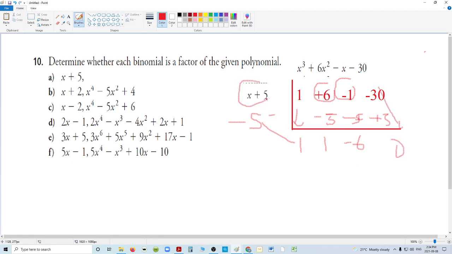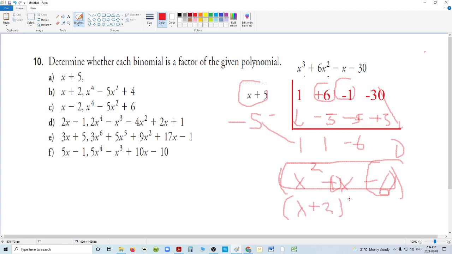Which means x plus 5 is not only a factor, but I also can tell you what the trinomial is. And you can even really quickly say, does this have a factor? And indeed, what number multiplies to minus 6 but adds up to 1? It's x plus 3 and x minus 2, and x plus 5 is the other one.